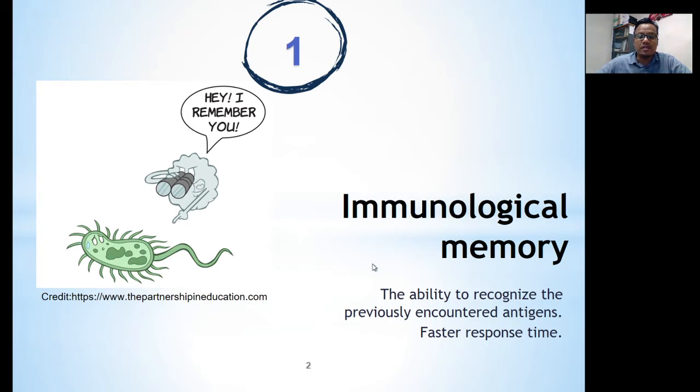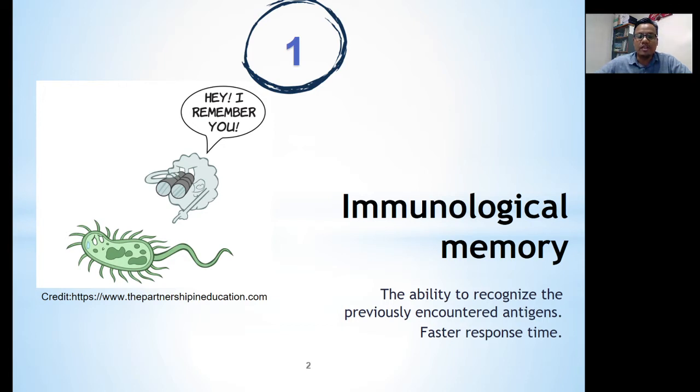This ability to recognize previously encountered antigens is possessed by our adaptive immune response, in the form of memory B cells and also memory T cells.